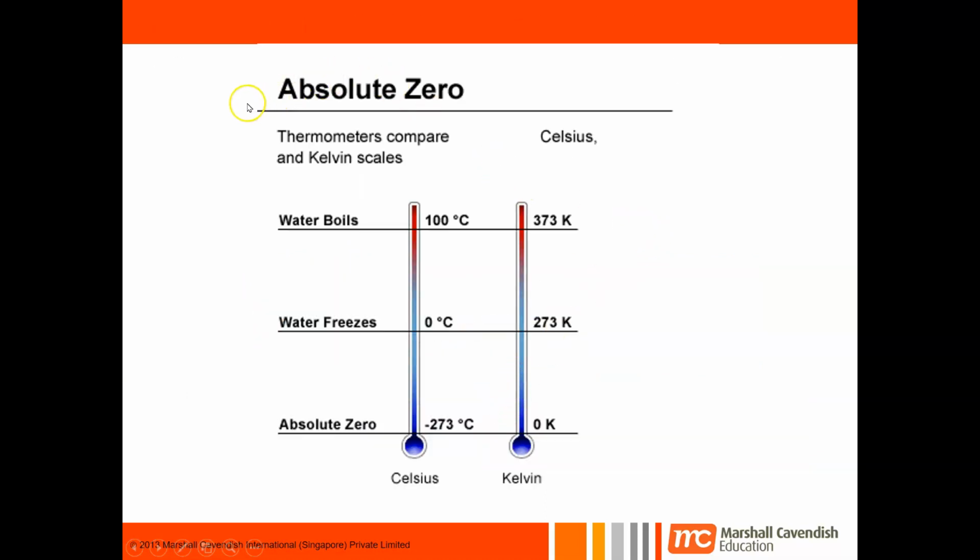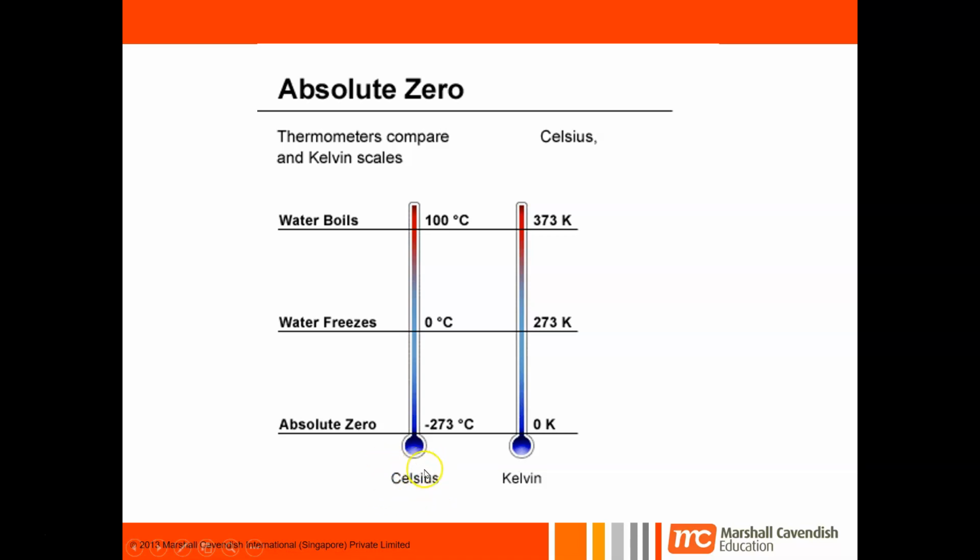Now, you may have heard of this word before, absolute zero. Absolute zero is basically the absence of heat, or zero heat. Most of us on a daily basis use Celsius as a way to measure temperature.